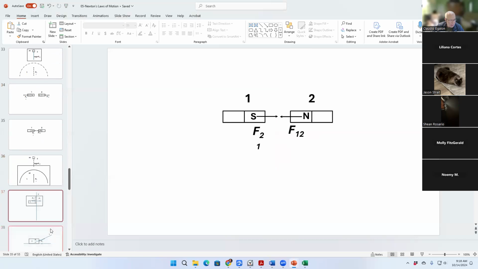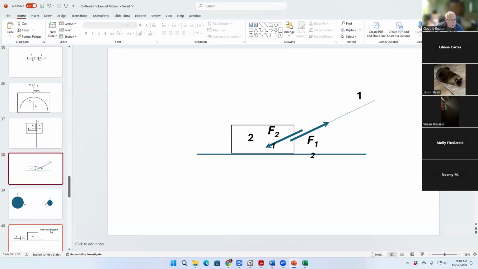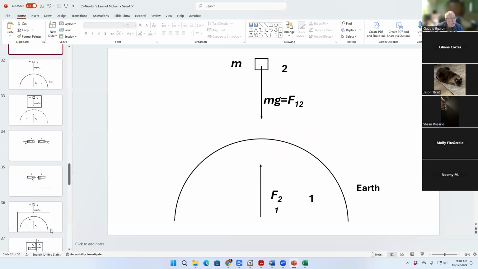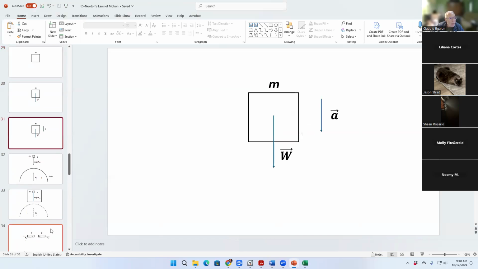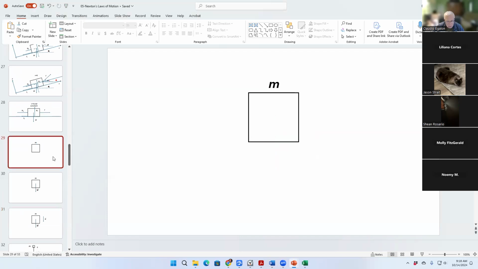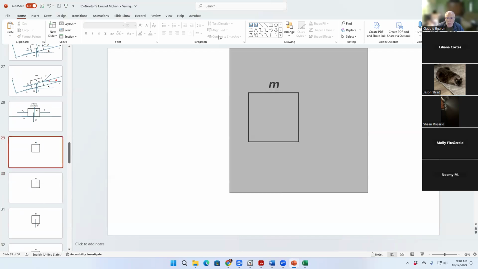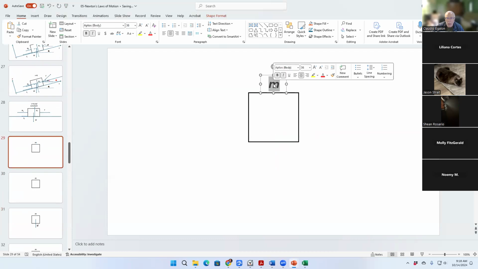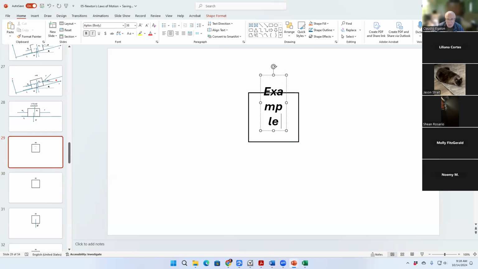Let's see here if I have it here. I have to draw something else here. That would be example 1 in the notes.